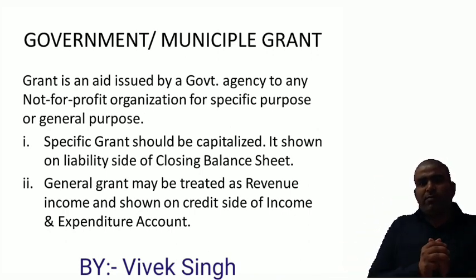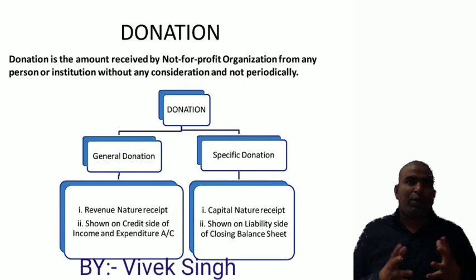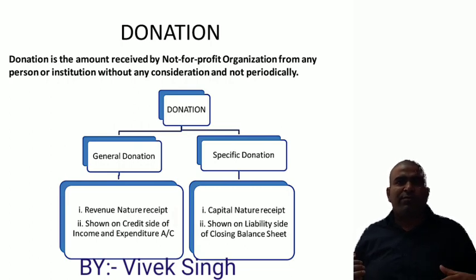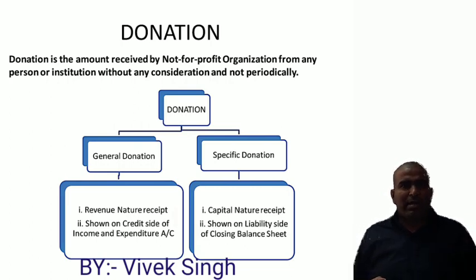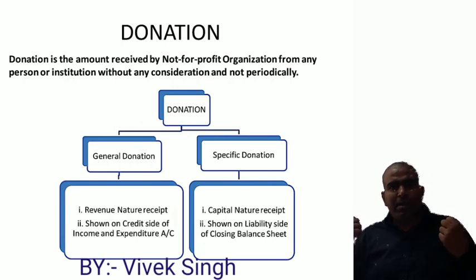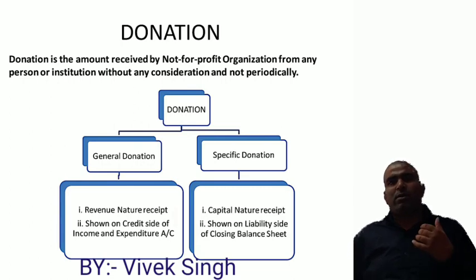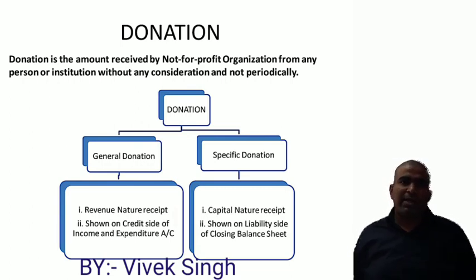Now the next point is donation, a very important part. Donation is an amount which is received by the not-for-profit organization from any person. Clear? As a charity, means any person gives some money for charity to the not-for-profit organization. Basically there are two types of donation.